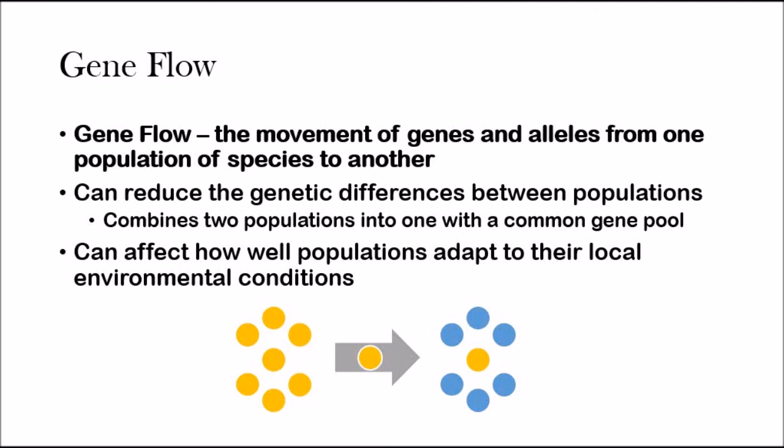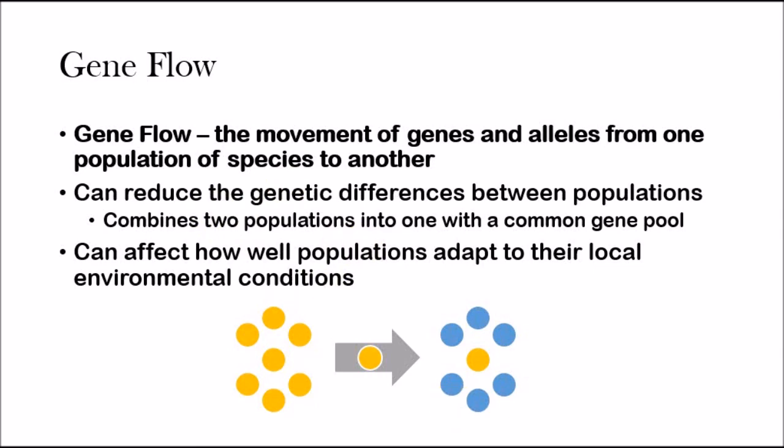So basically, let's say you have two populations of deer which live in separate areas, and then one of them goes to the other population and starts mating, and then another comes from this population of deer and comes over here and starts mating, and eventually you see this combination of the two populations, and because of that you have a reduction in genetic differences between the two populations, and they start to fuse together.